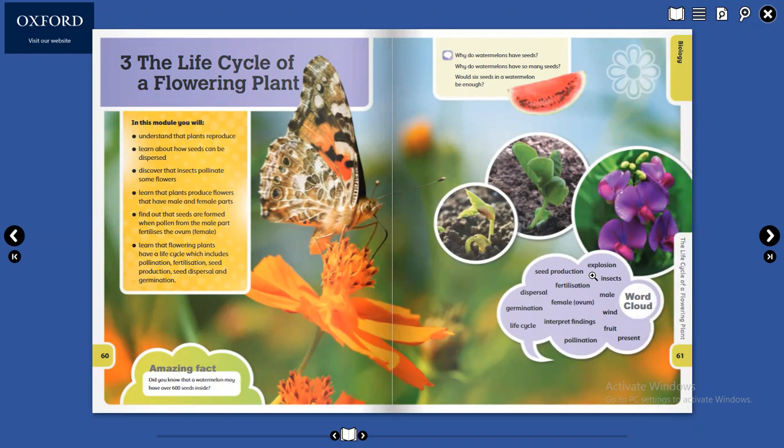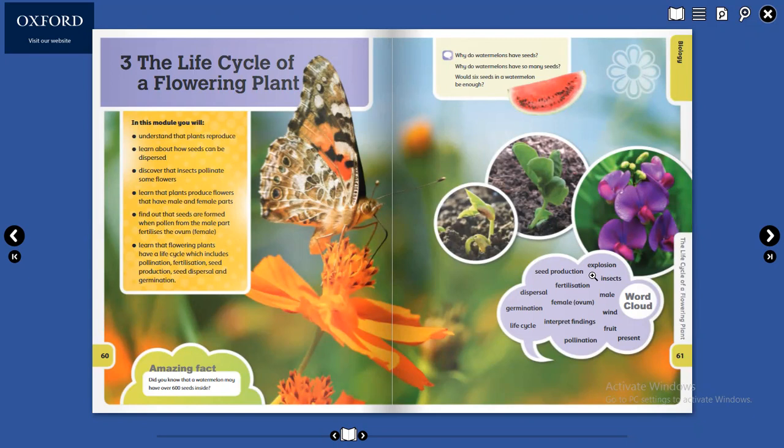Explosion. Seed production and insects. Insects for fertilization. Fertilization. This process, dispersal. Male, female, ovum.